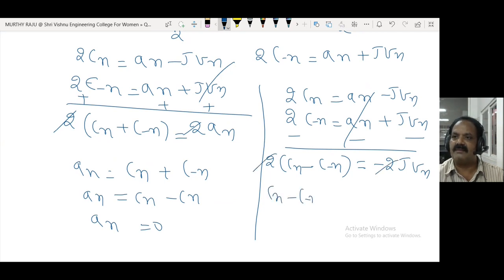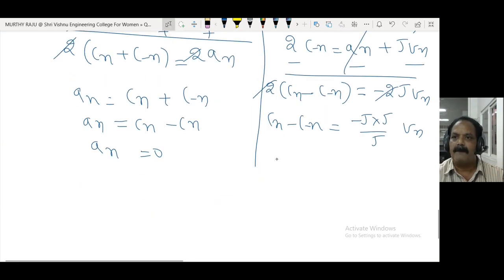Multiplying numerator and denominator by j, j square is minus 1. Therefore, Bn is equal to j into Cn minus C minus n.